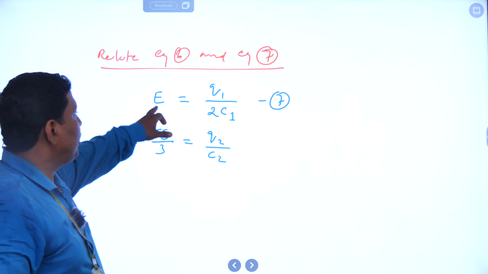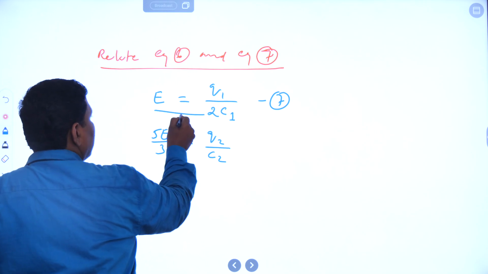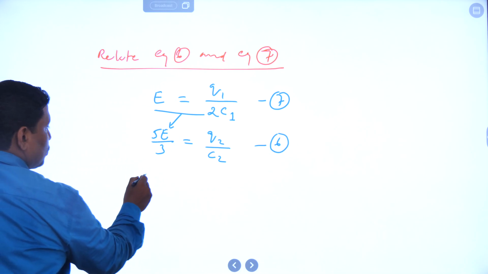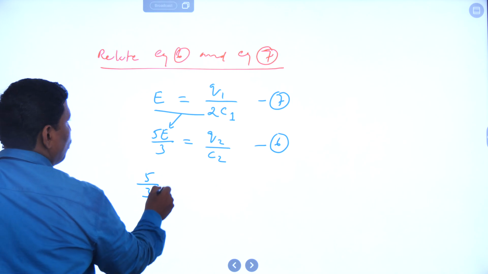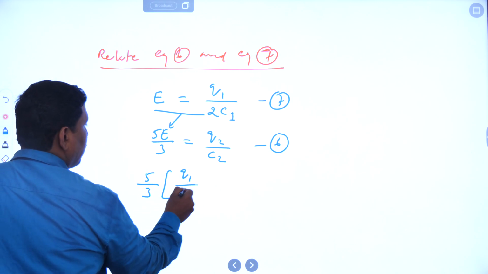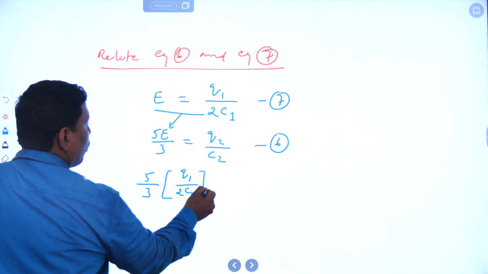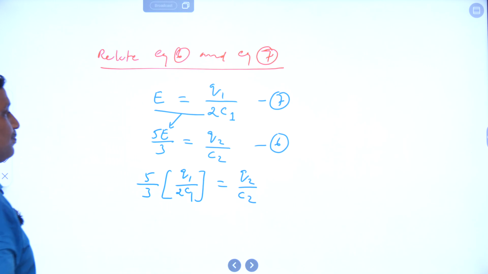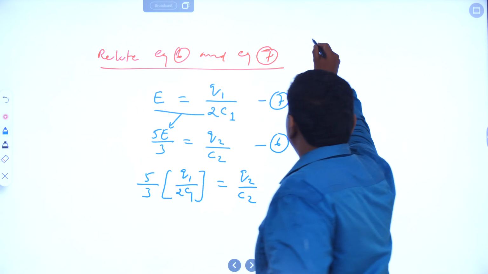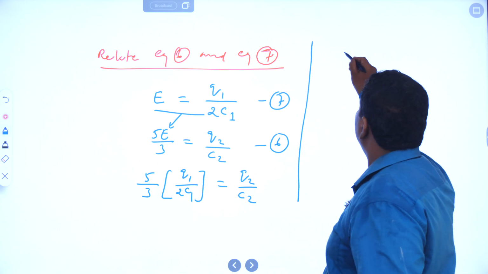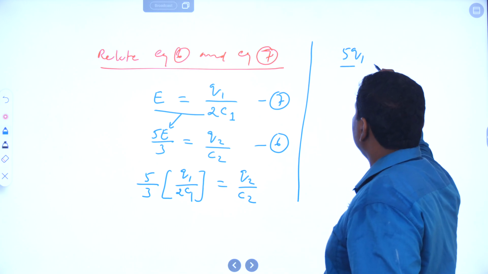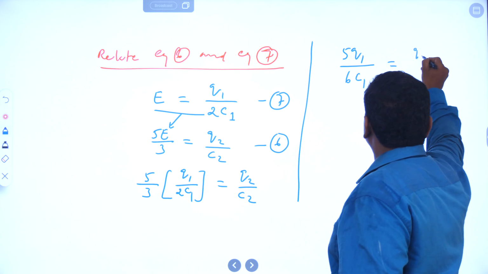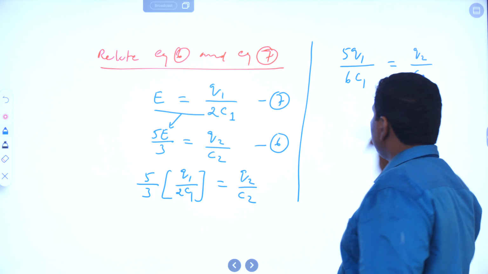Substitute the E value in equation 6. So 5 by 3 into Q1 divided by 2C1 equal to Q2 divided by C2. So the next step, 5Q1 divided by 6C1 equal to Q2 divided by C2.